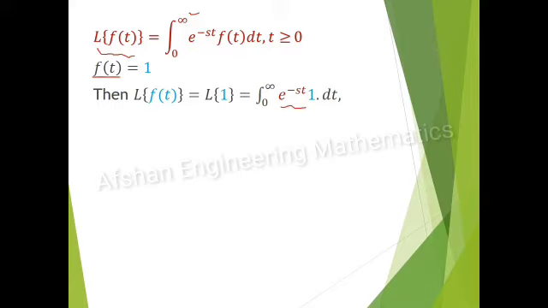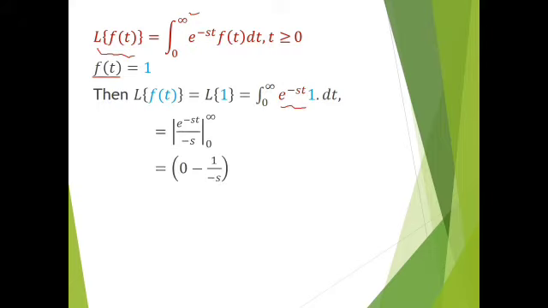The integration of e to the power minus st is e to the power minus st upon minus s, and plug in the limits. When we plug in the upper limit, we get 0, and when we plug in the lower limit, we get minus 1 upon s. Simplifying this expression, we get 1 upon s. So we say the Laplace transformation of 1 is 1 upon s.